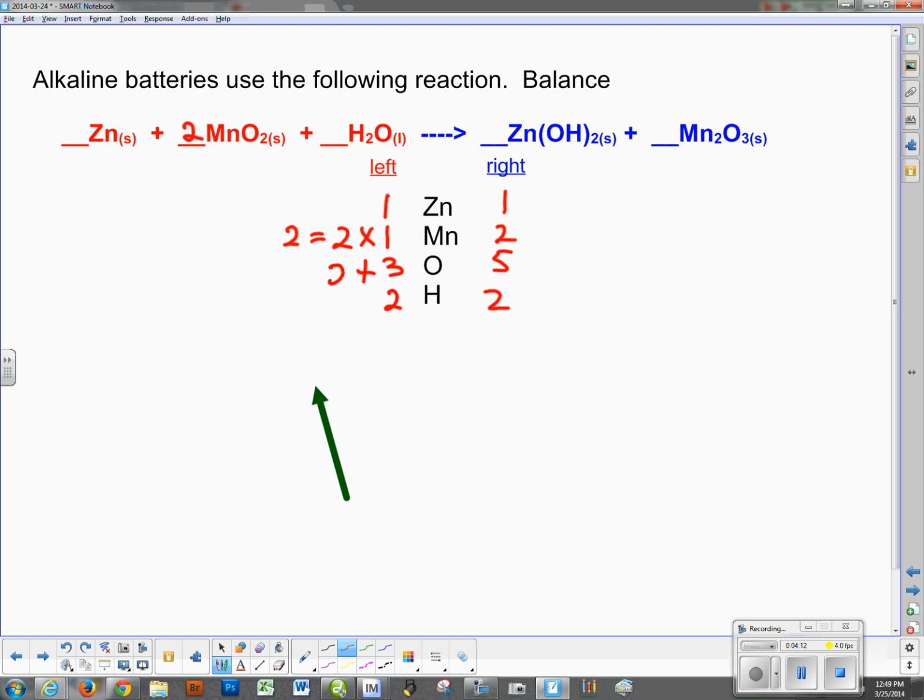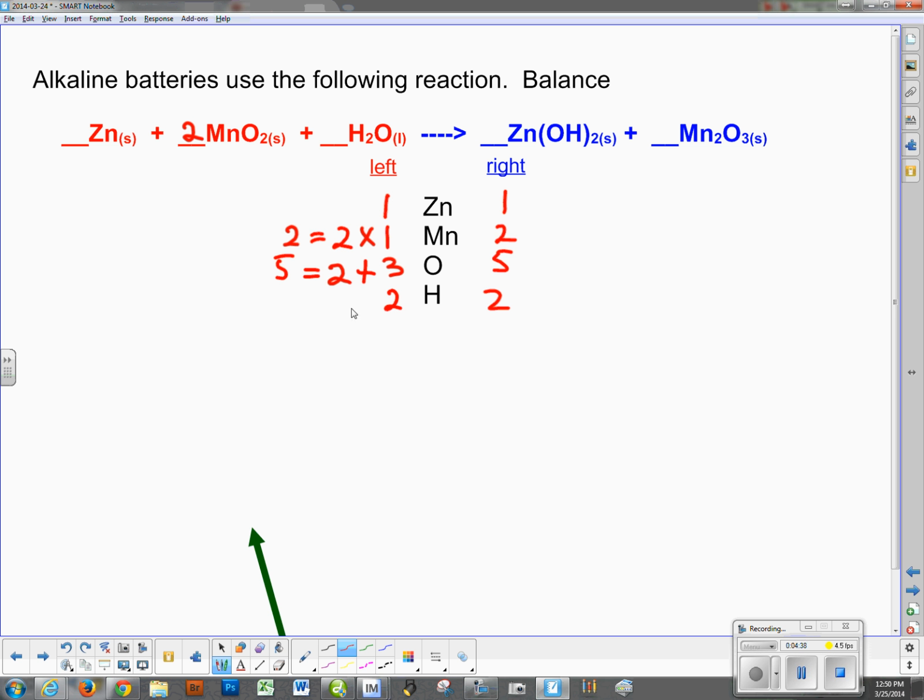Notice this time I'm adding instead of multiplying, because oxygen is in 2 places, and when I multiply anything here, it does not multiply it over here. So we wound up with a total of 4 plus 1 is 5, but in our little method here, we're just adding in the 2. And so that gives us a total of 5. Alright, let's put the 5 in.